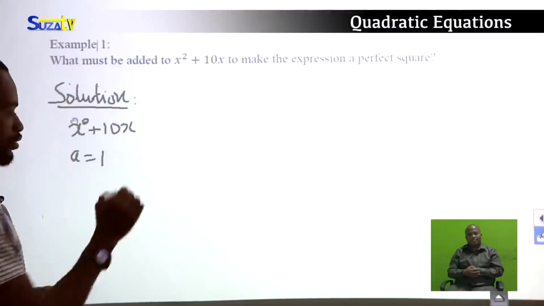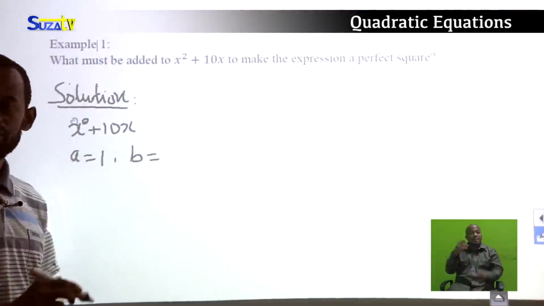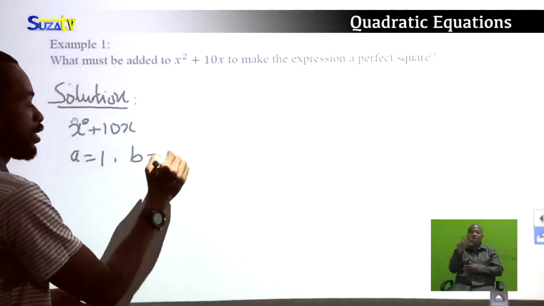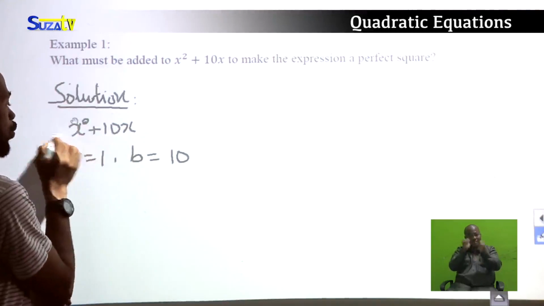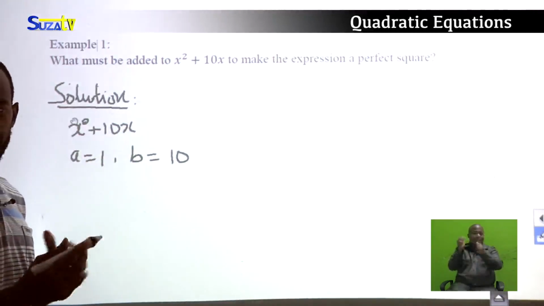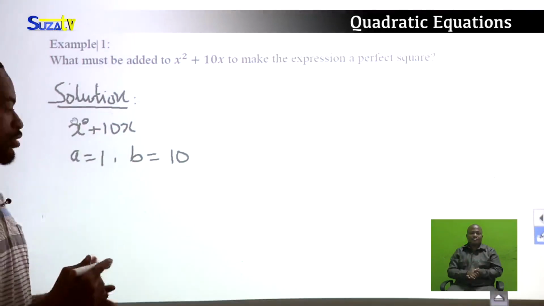Good. What about b? Yes, b is equal to 5. No, sorry, b is equal to 10. Good. This is b, and here there is 1, which is a. And a and b are the coefficients, a for the x squared and b for the x.